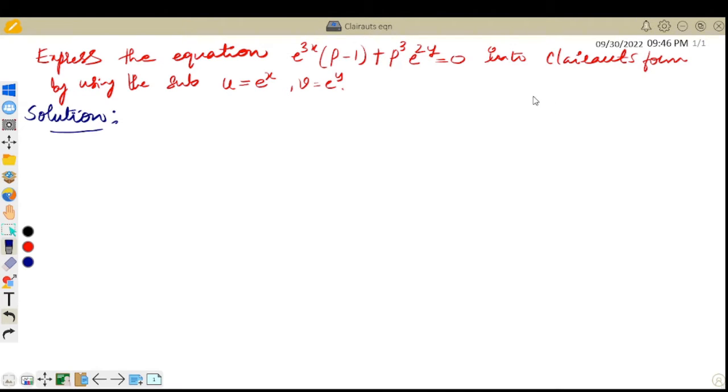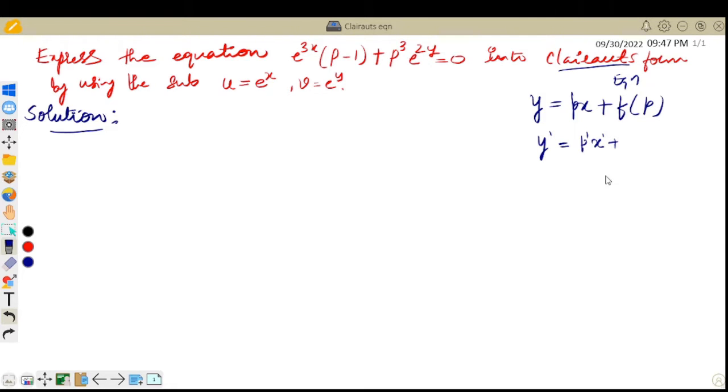Students, an equation of the form y is equal to px plus function of p is called Clairaut's equation. Okay. So y power is 1 and p power is also 1, x power is also 1, plus the rest of them is a function of p.